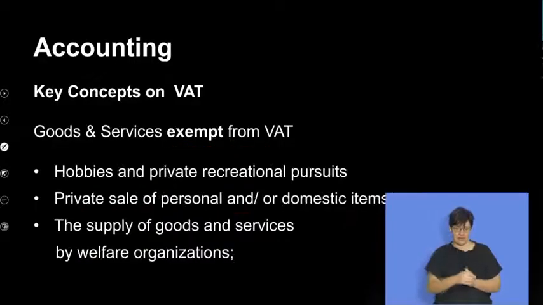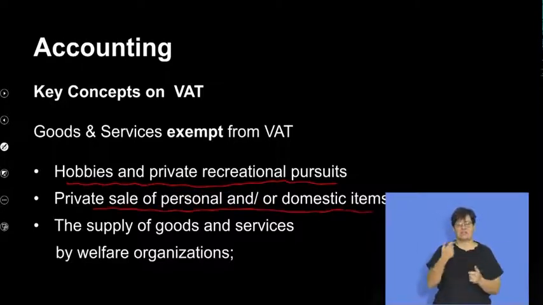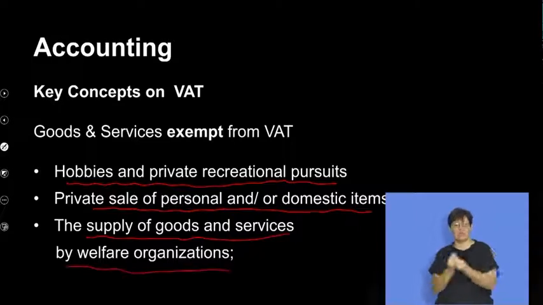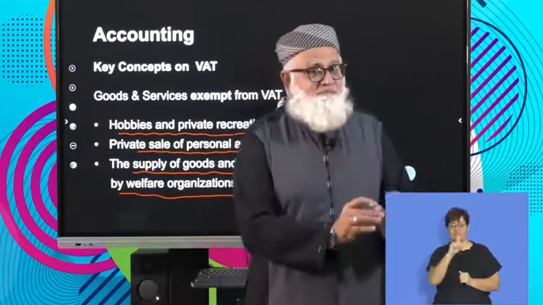Then you have other items which would be hobbies and private recreational pursuits, private sale of personal or domestic items by welfare organizations. All of these fall within the category of VAT exempt. Okay.